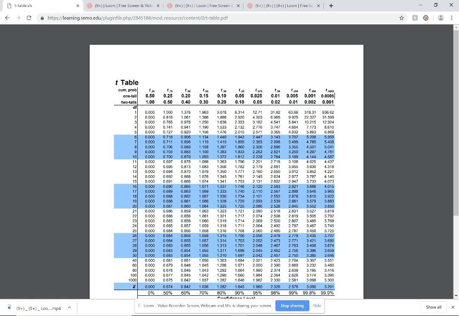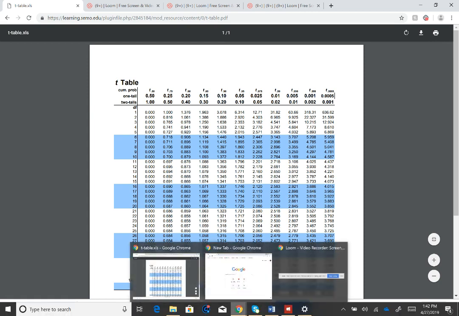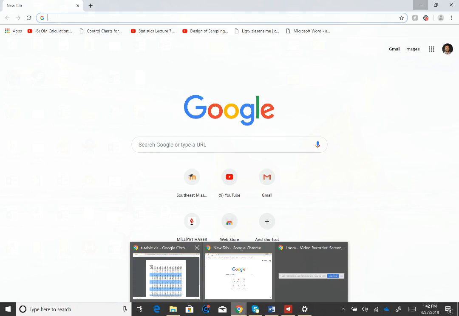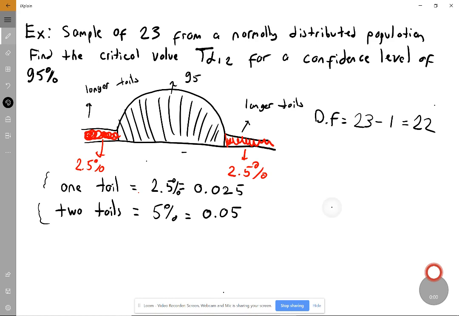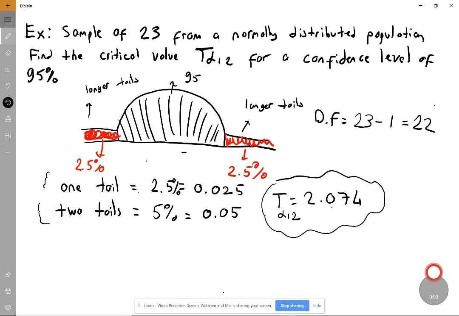Okay. All right. So let me just go back. So the critical value t is equal to 2.074. Right? Actually, this is your t alpha over 2, right? Okay. Well, this is how you pull out the critical value from the t-table.